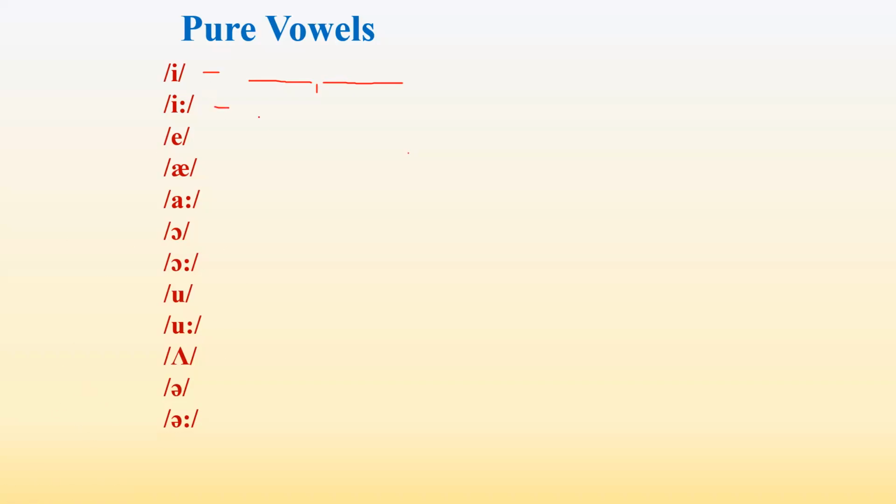Don't write many words, then you are taking long time. Only 2 words for each sound where this given vowel occurs. Okay, I think the work is clear to you. So, how long do you need? 5 to 7 minutes? Okay, right. Use the timer.